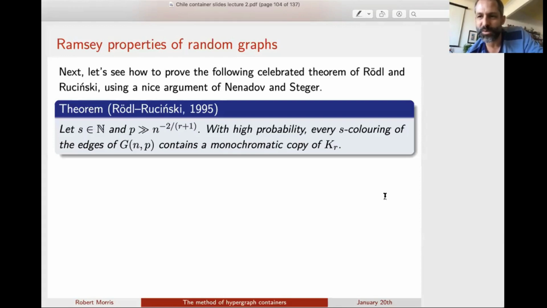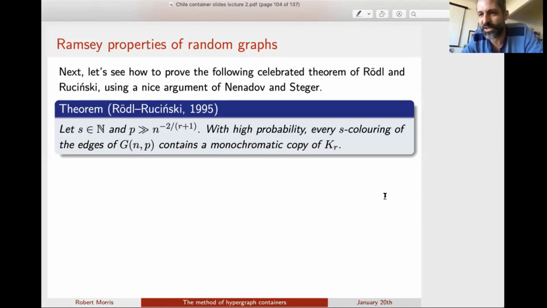If you put those equal to each other, you get p equals n to the minus 2 over r plus 1. So if p is smaller than this, you have fewer K_r than edges. So you can sort of understand it shouldn't be too difficult to color the edges without making a monochromatic copy.